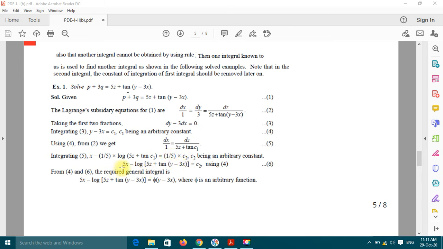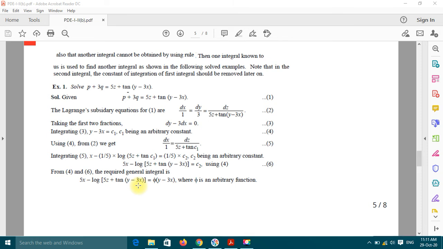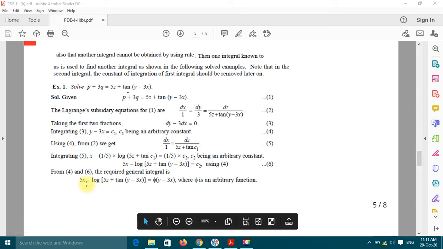So we may write this as 5x minus log of 5z plus 10, put the value of c1, y minus 3x, is equal to c2. So the solution of the differential equation is written as phi of u, v is equal to 0. Okay, means 5x minus log of 5z plus 10y minus 3x is equal to phi of y minus 3x, where phi is an arbitrary function.